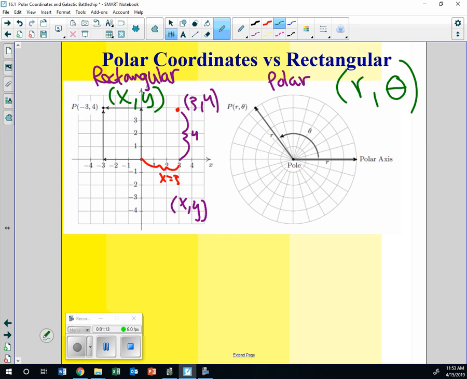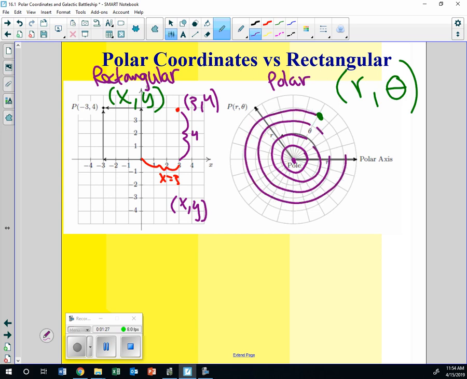But all that we're doing is, let's say we have a point right here, and we're going to go out. Here's 0, we're going to go out 1, 2, 3, and 4. So r would be 4. From the center, we're going out 1, 2, 3, 4.